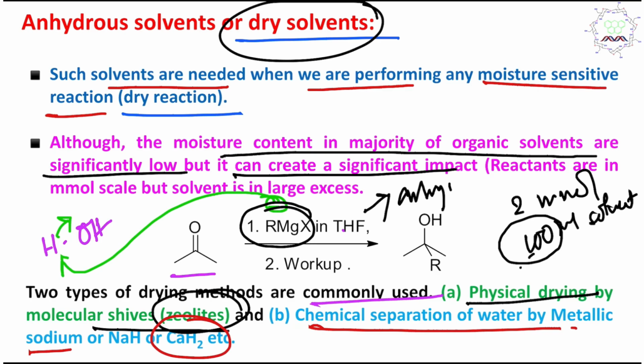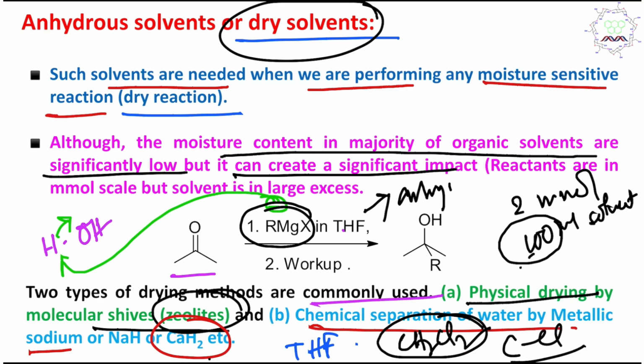If you want to dry THF, metallic sodium is enough, but to dry DCM, CH2Cl2, calcium hydride could be utilized. Because if you put sodium in to dry this DCM, what will happen? The electron from sodium will reduce the carbon-chlorine bond, so a side reaction will occur. In order to avoid that, moisture removal techniques are different from chemical to chemical.